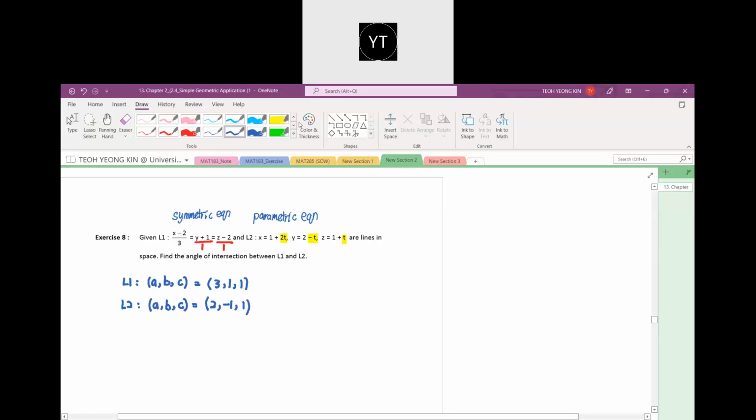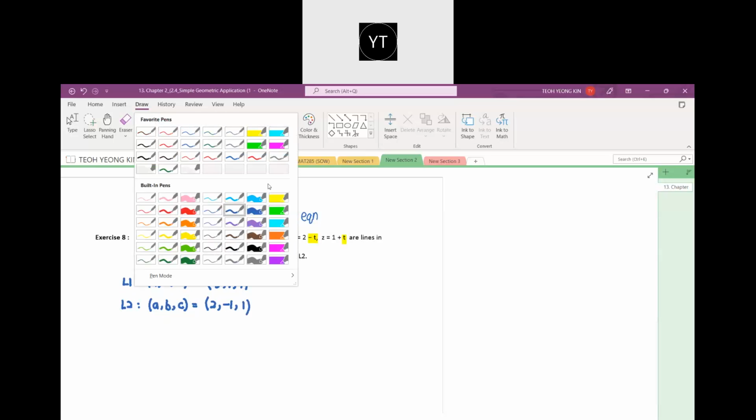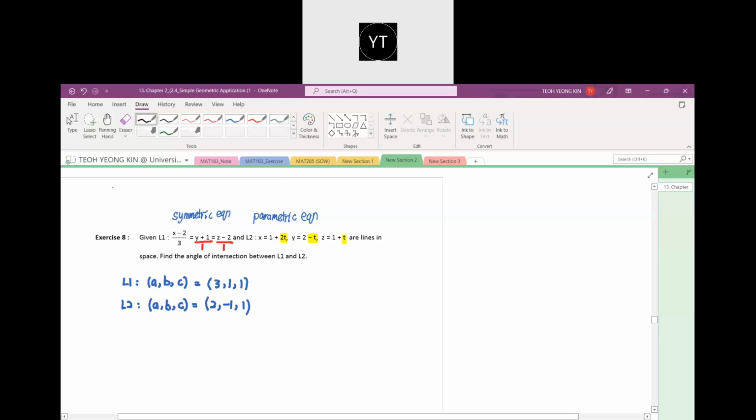In the symmetric equation, if you still remember, the general form is x minus x naught over A equals y minus y naught over B, and z minus z naught over C. A, B, C are at the bottom. This is the symmetric equation.